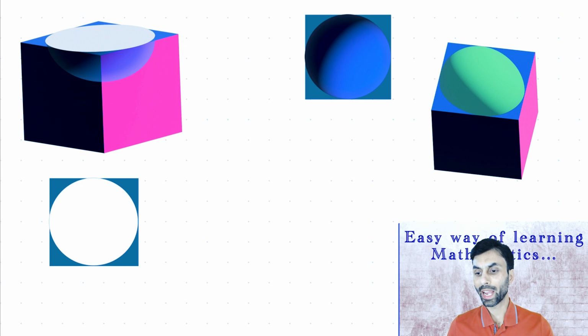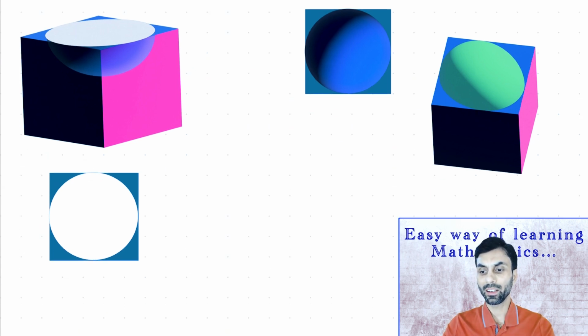The first one is a cube where a hemisphere has been hollowed out from the top, whereas in the other case a hemisphere has been kept at the top, covering some portion of the top surface of the cube. So let's understand how we can find out the surface area.